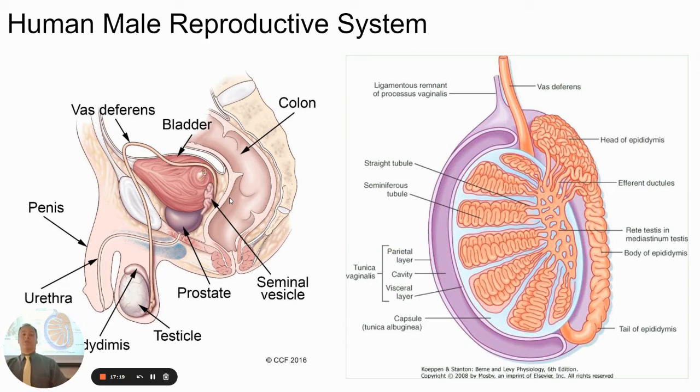And so if you look at the anatomy here, this is the anus, this is the colon. A doctor can feel if this prostate gland were enlarged, they could feel it just inside of the large intestine, just inside of the colon. So that's what a prostate exam is.